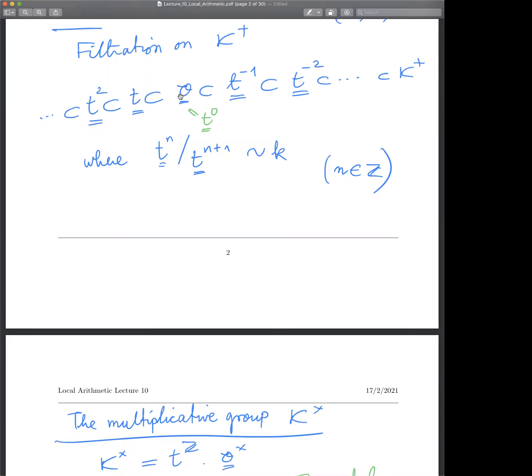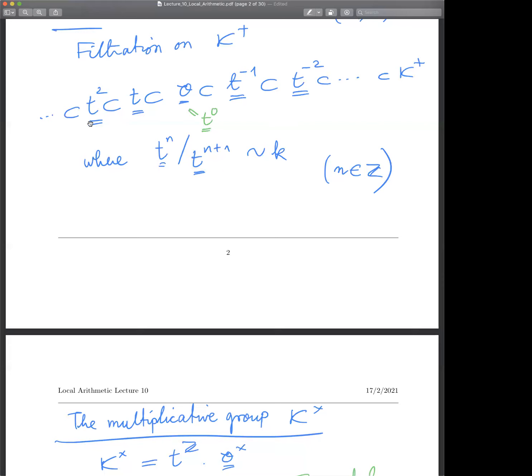So basically it's an O submodule of K generated by T inverse, where T is the indeterminate. Similarly, this fractional ideal T to the power minus 2 is the sub-O module of K plus generated by T to the power minus 2, where T is the indeterminate.